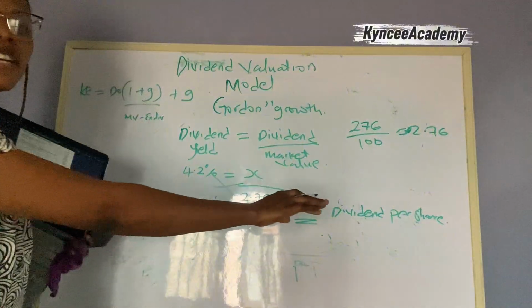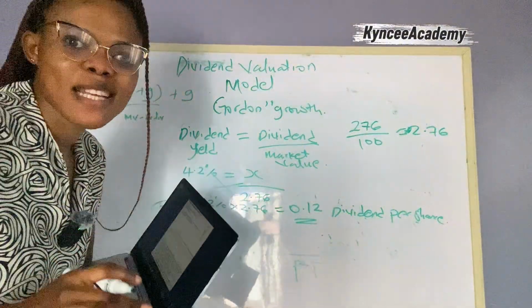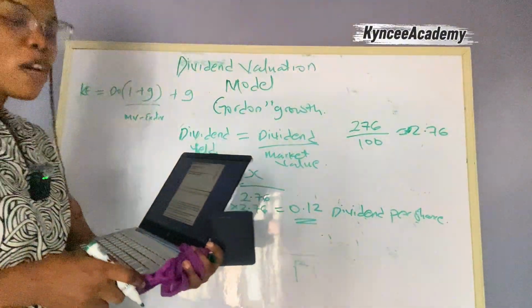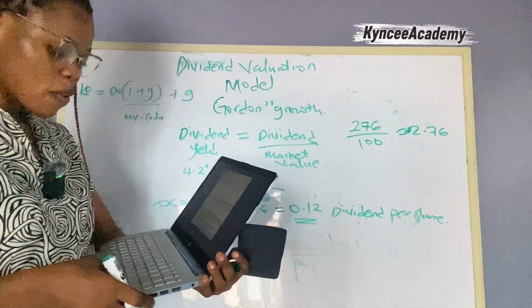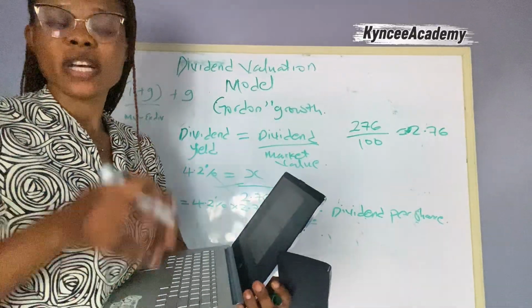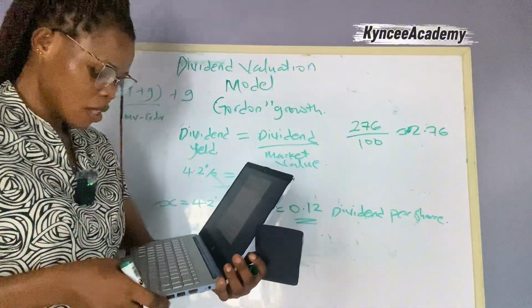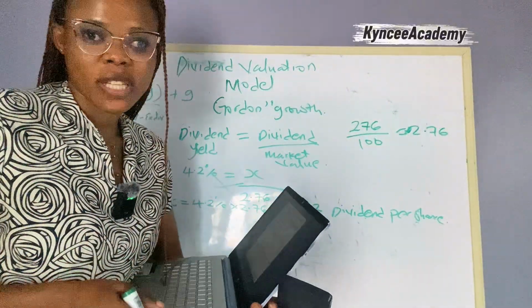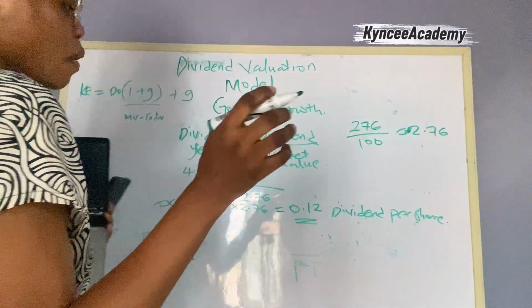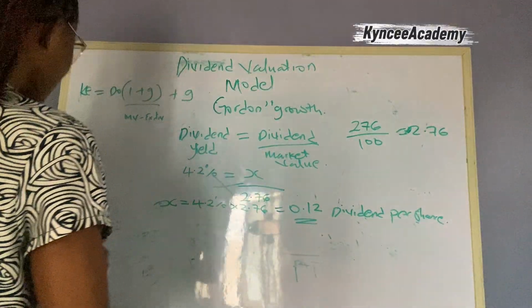Now, since we've gotten our dividend per share, what is the next thing for us to do? It is for us to calculate our dividend. Remember, we need the ordinary share capital, the market value of ordinary shares.